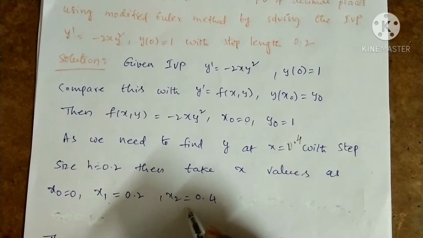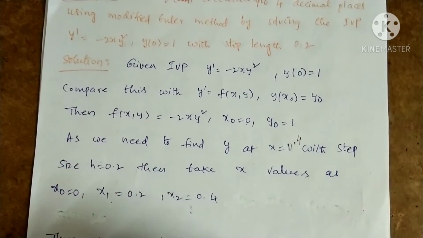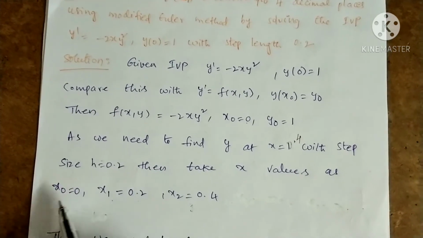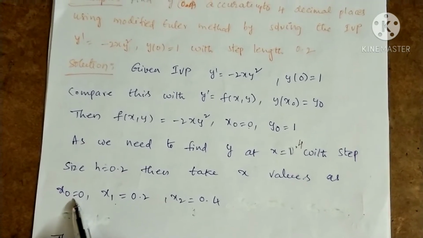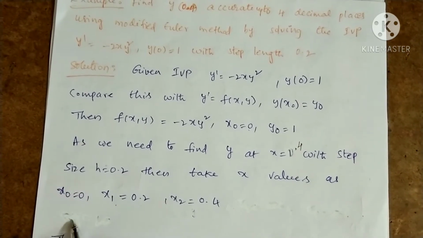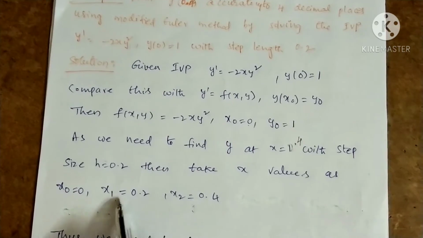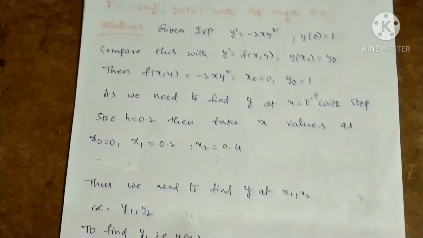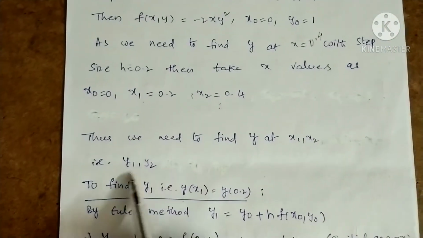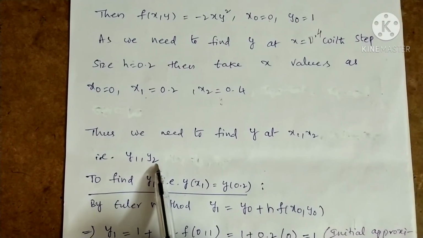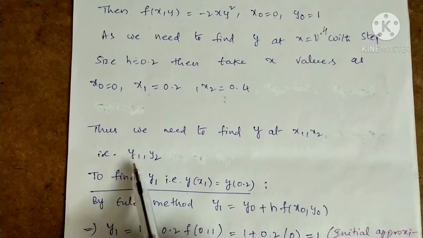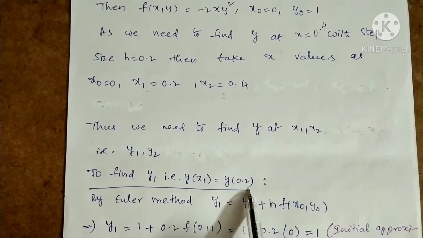Our main aim is to find y at x equal to 0.4, starting from x0, y0. That means using x0, y0 we find y1 at the point x1 and then y2 at the point x2. So we need to find y1 and y2 using the modified Euler method. Let us first find y1, which is our y(0.2).